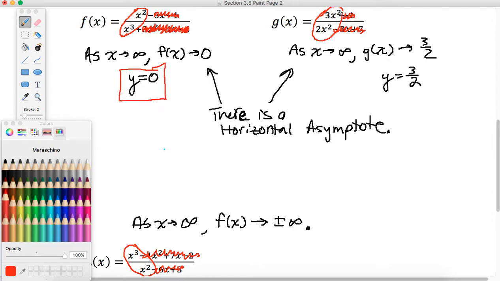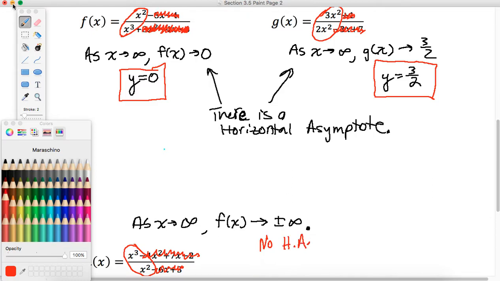When the degree of the numerator and the denominator were the same, our function approached the line 3/2, which is the ratio of the leading coefficients, the leading coefficient of the numerator divided by the leading coefficient of the denominator, right? So whenever the degrees of the polynomials we're dividing are the same, I just look at that ratio to find my horizontal asymptote. And here, when the degree of the numerator was larger than the degree of the denominator, I ended up having no horizontal asymptote.